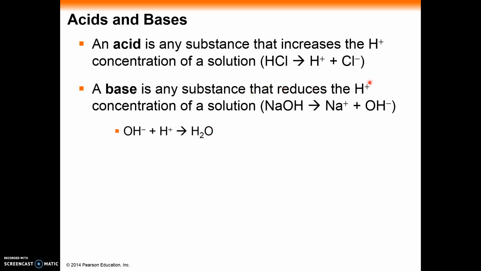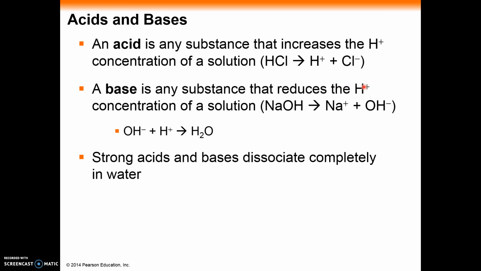So if you have any amount of hydrogen ions, the OH- can pull them out of solution, which reduces the overall concentration of hydrogen ions, and that can shift something away from neutral. All right, strong acids and bases dissociate completely.